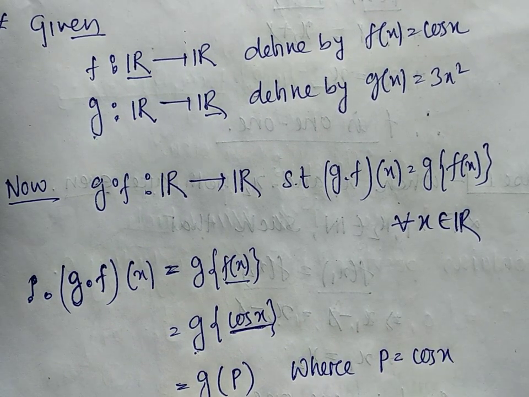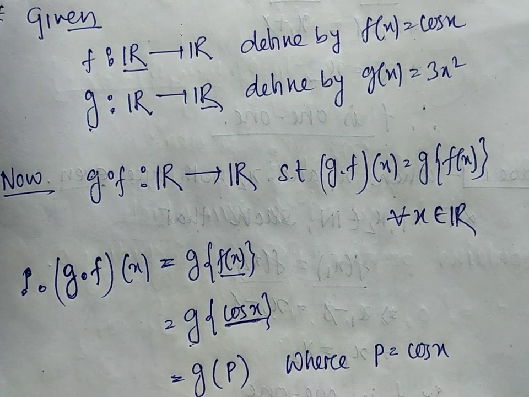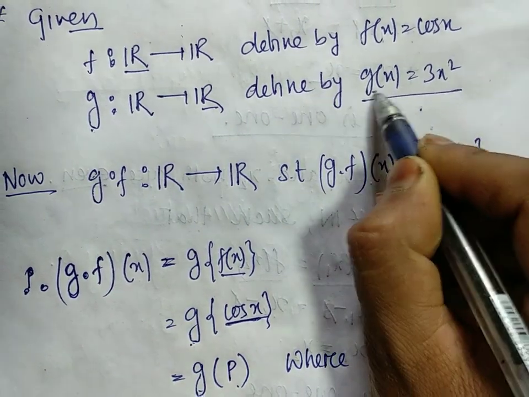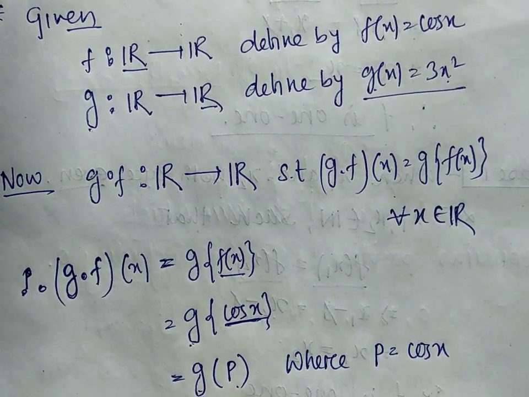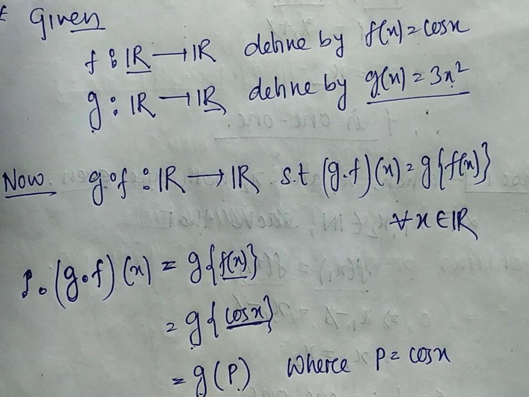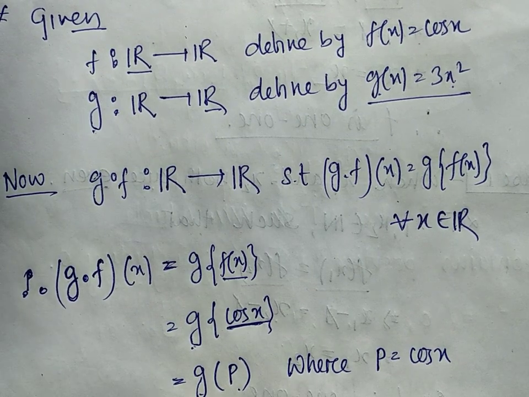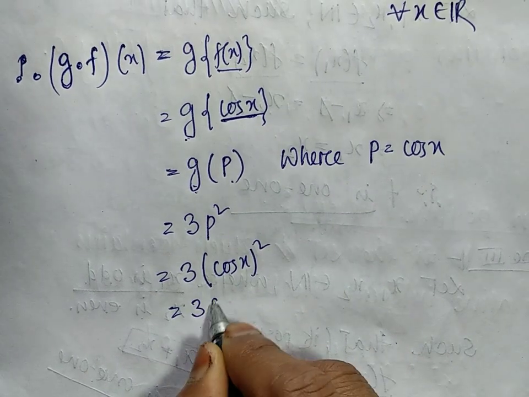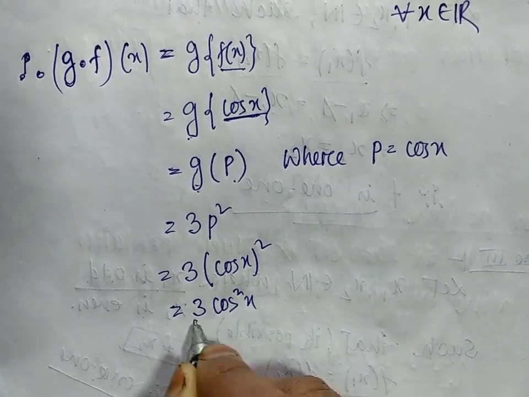So g of p. According to the definition, g of x is equal to 3x square, then g of p equal to 3p square, and p means cos x whole square. That means you can say that it will be 3 cos square x.